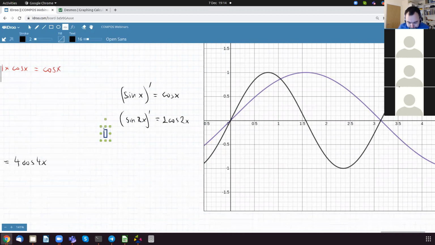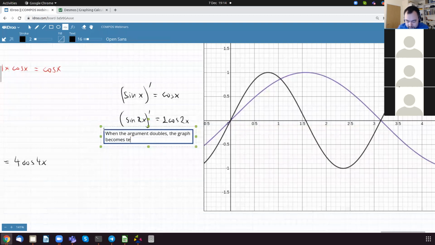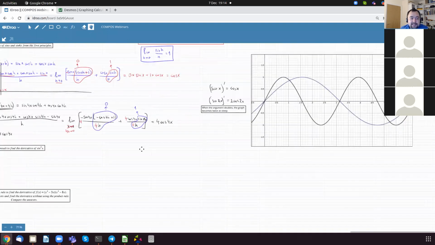So when the argument doubles, the graph becomes twice as steep. So the gradient doubles. Okay, so that's that.